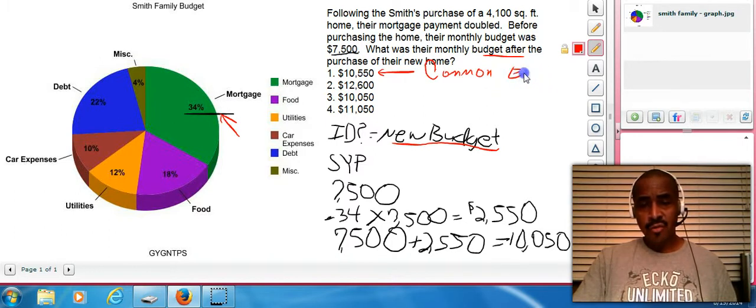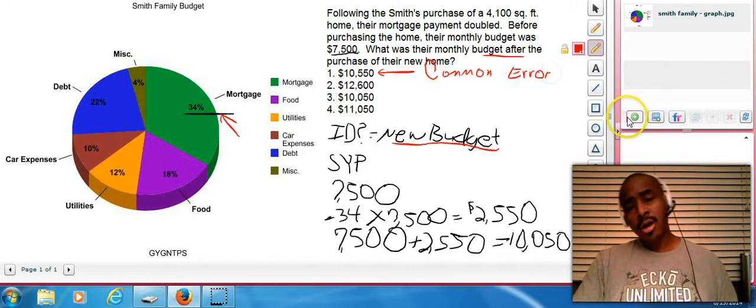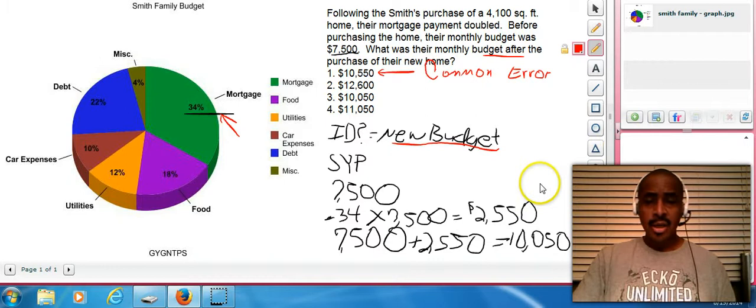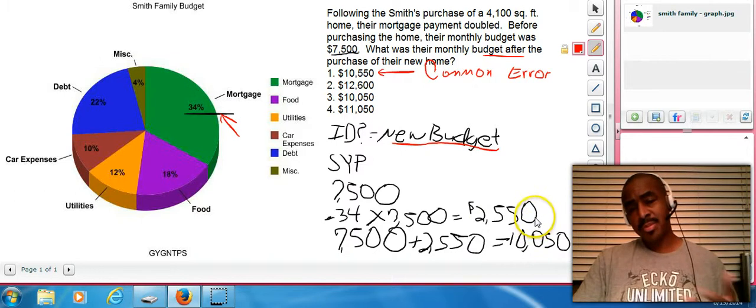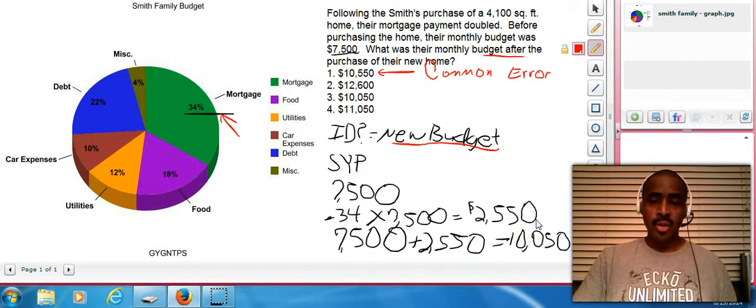We need to recognize that these kinds of traps are going to be set for us on the GED test. If you did this math and found 2,550 and then simply doubled that, you would get 5,100, and if you added that 5,100 to this 7,500, you would get 12,600. In addition error.